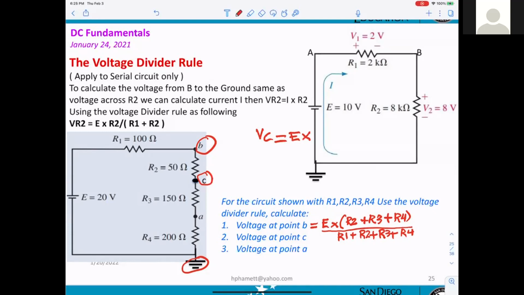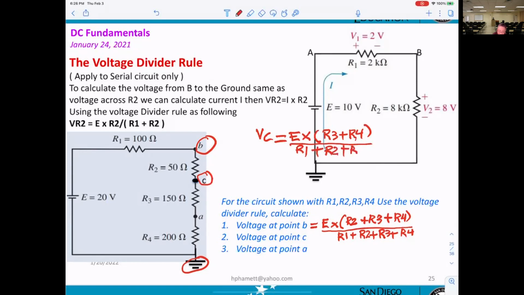Okay, that means multiply by R3 plus R4 and divide by total R1, R2, R3, R4.